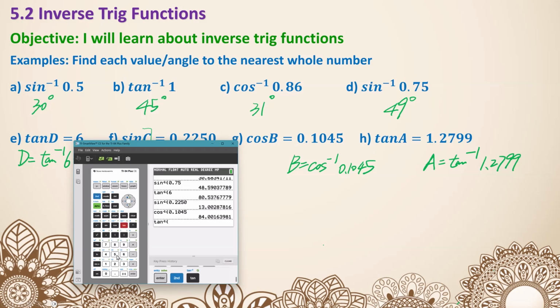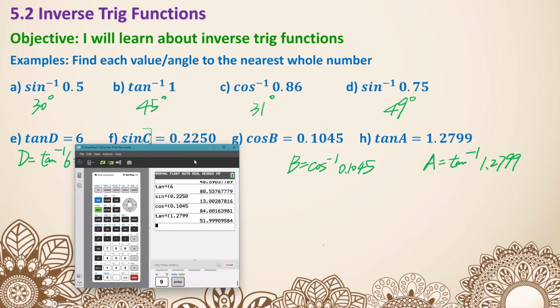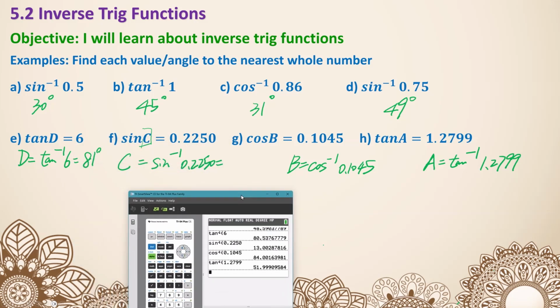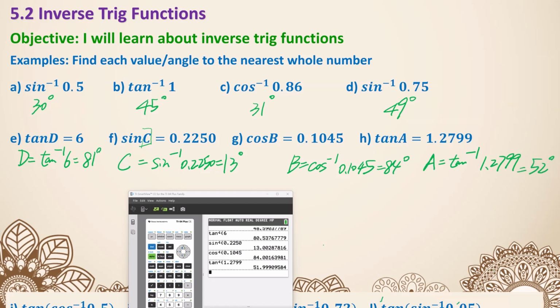And next is inverse tangent of 1.2799. Enter. That is 51.99, so it's going to be 52 degrees. Now let's actually write them down. So we have a 13 degree, we have an 84 degree, and then we have a 52 degree.